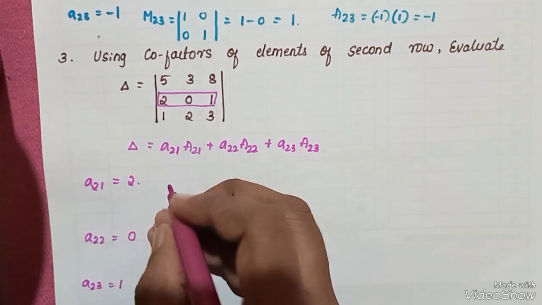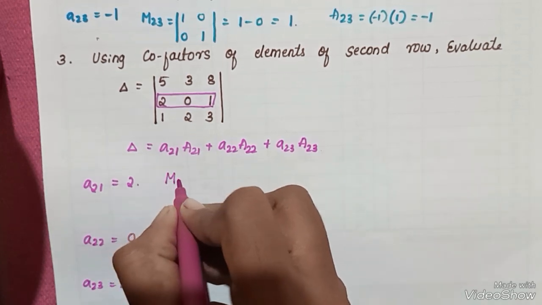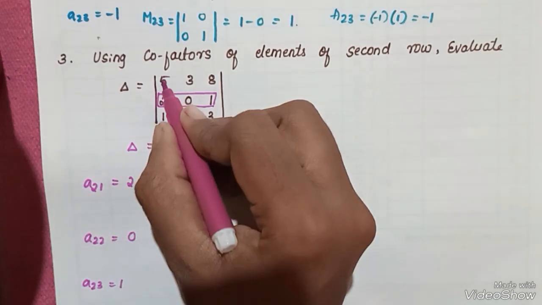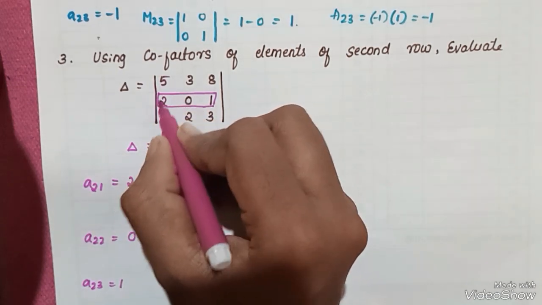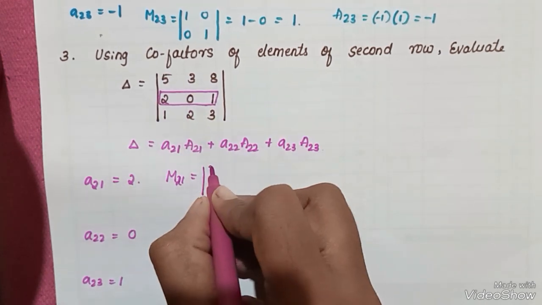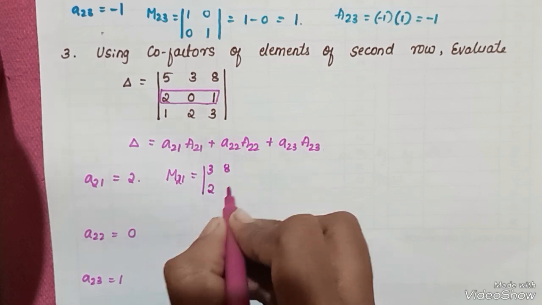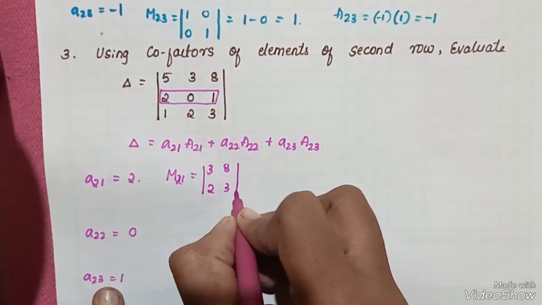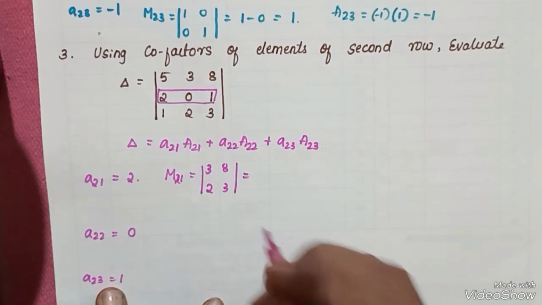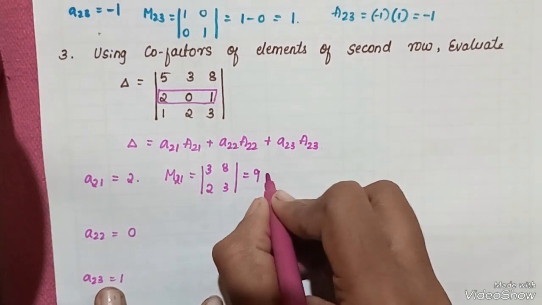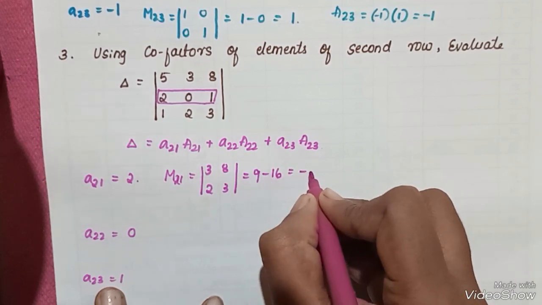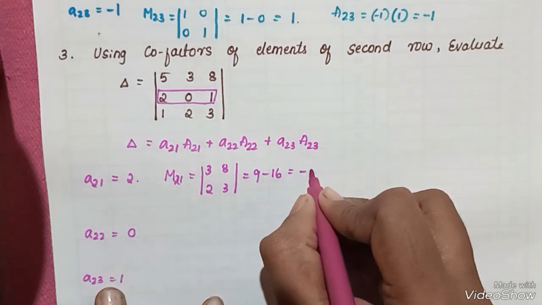For these elements we have to find the minors. Here for a21, we neglect the first column and second row. The matrix contains the elements 3, 8, 2, 3. Then the minor is 3 into 3 is 9 minus 2 into 8 is 16, therefore minus 7.